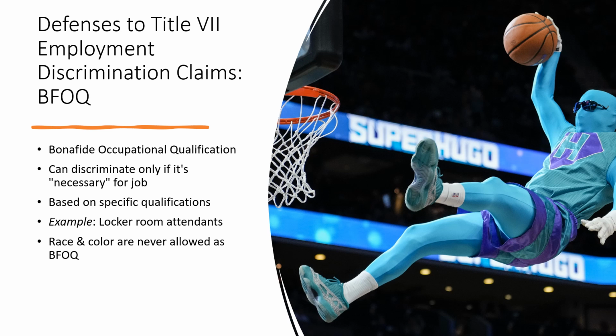So an organization could create a job description that specifies they're looking to hire a locker room attendant and say that you have to be female to work in the locker room or you have to be male to work in a locker room, which eliminates some groups of people, but it's based on specific qualifications, and they can argue that it's necessary for the job that they have a specific gender in each locker room. Keep in mind that race and color are never allowed as a bona fide occupational qualification.